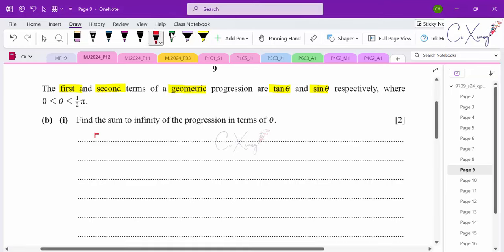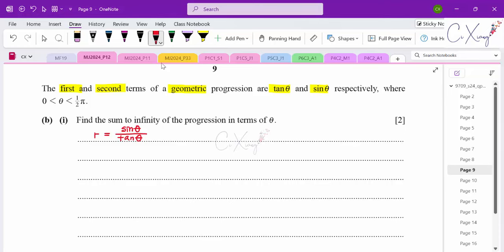Okay, so first of all, we need to find R. What's the common ratio? This is a geometric progression, so I need a common ratio. The common ratio is the second term divided by the first term, so sine theta divided by tangent theta.